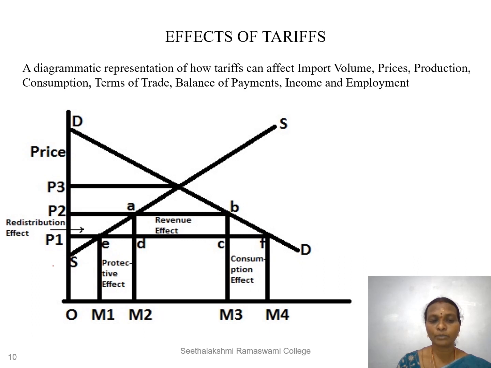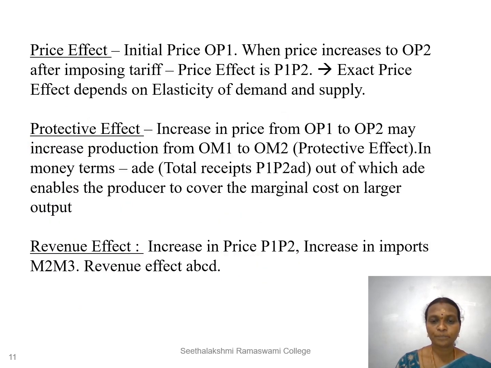In one way, because of the tariff, the producer is able to gain. In another way, the consumer is losing satisfaction. The explanation is given in this slide: the price effect, protective effect and revenue effect. The price effect depends upon the elasticity of demand and supply of a particular commodity, so based on this it will react more effectively.